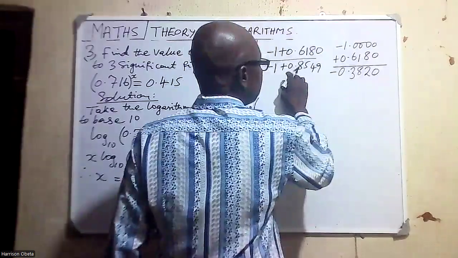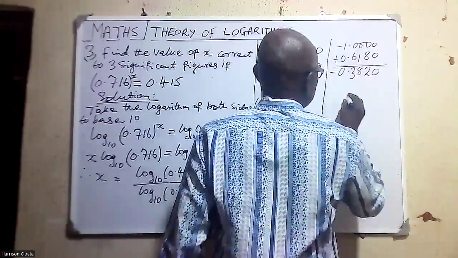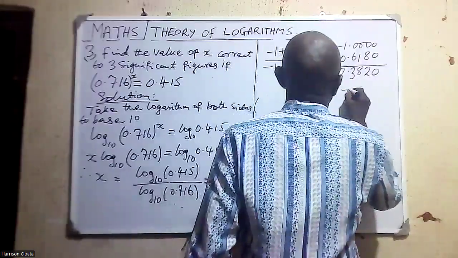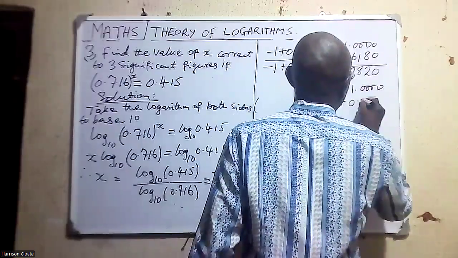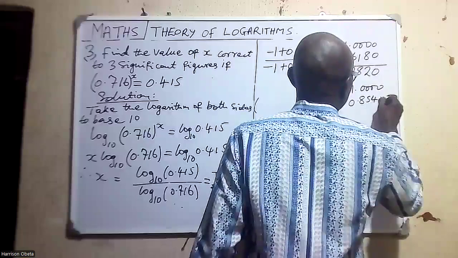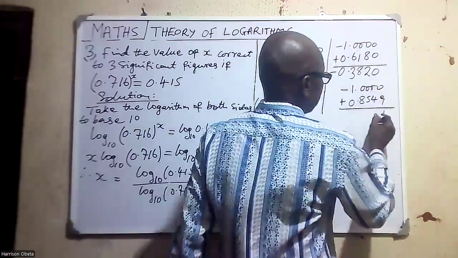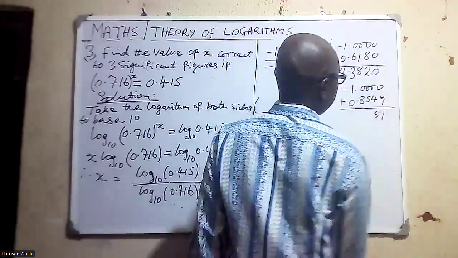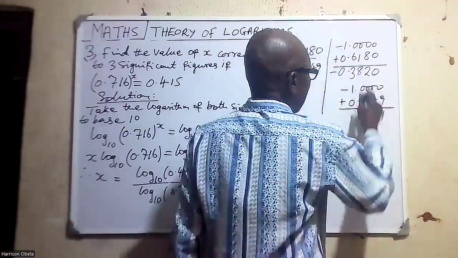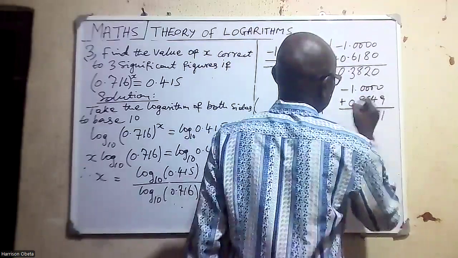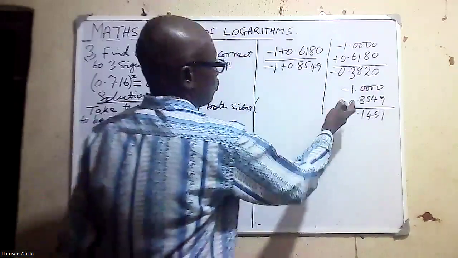Then handling this in the same way, we have minus 1.0000 plus 0.8549. Again, you have this is 1, and 9 minus 4 is 5. 9 minus 5 is 4. 9 minus 8 is 1. Minus 0 point that.